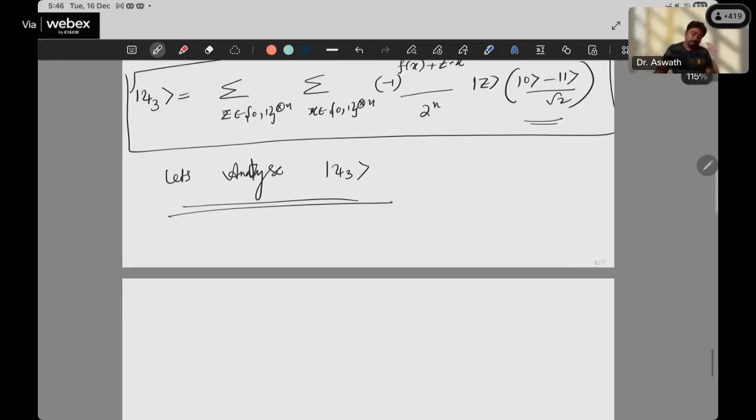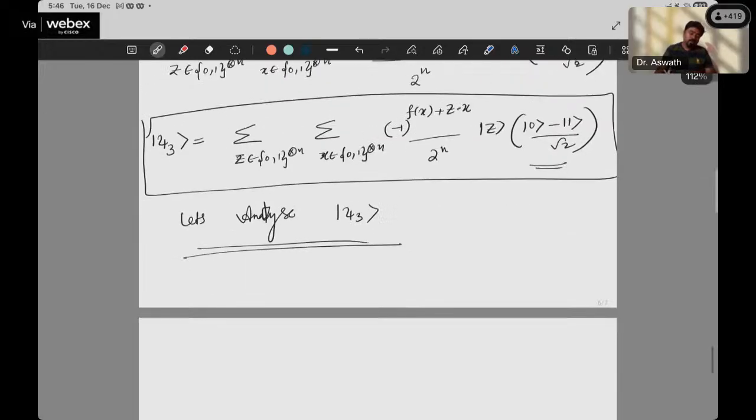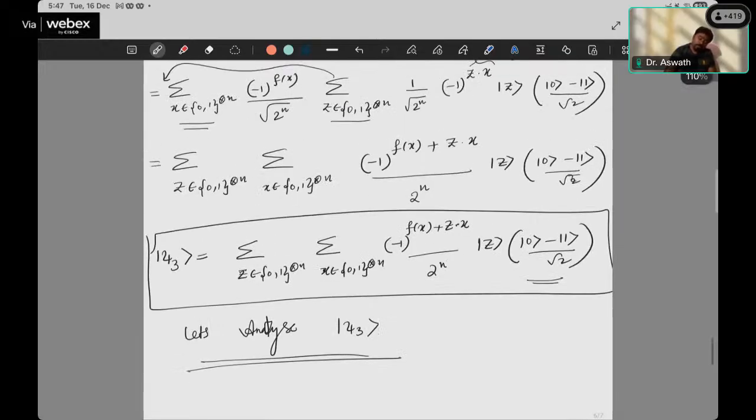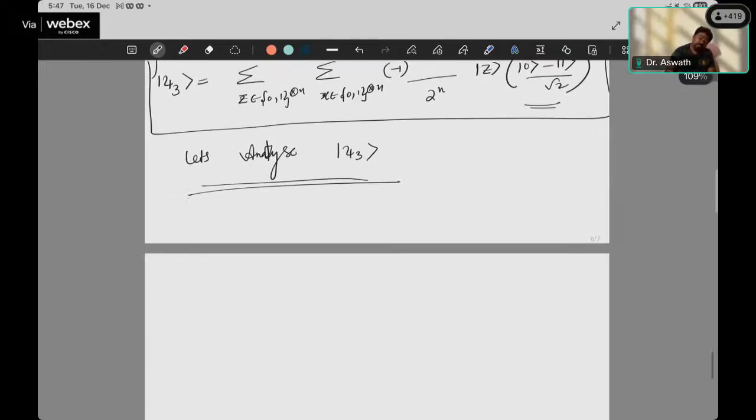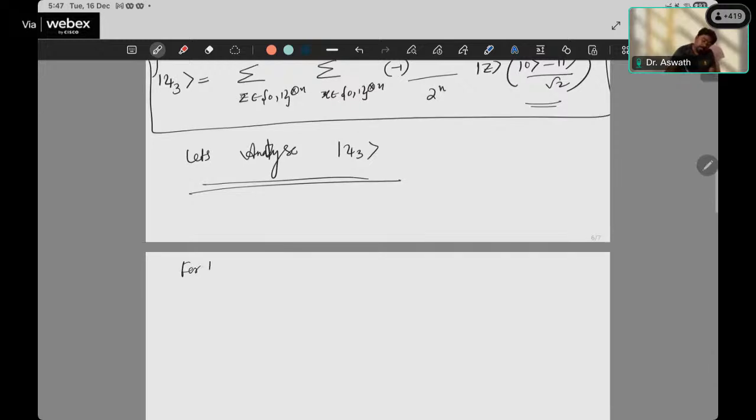Now, if you carefully look at this quantity, x belongs to {0,1}^n, z belongs to {0,1}^n. Let's take the case n equal to 1. What is the summation?